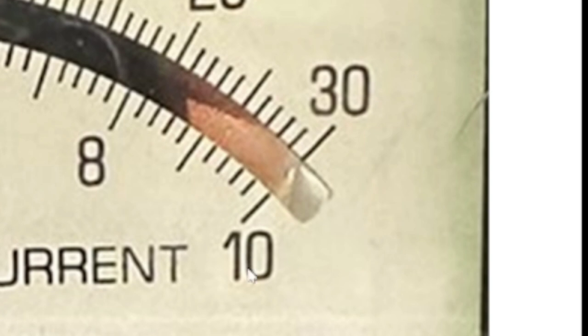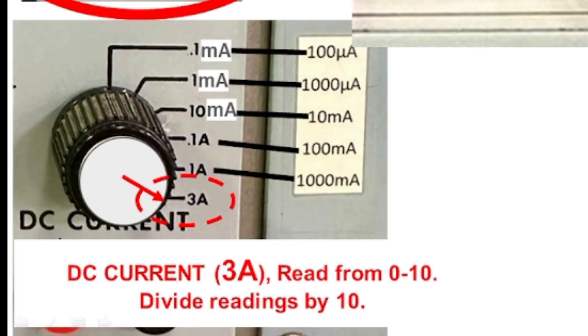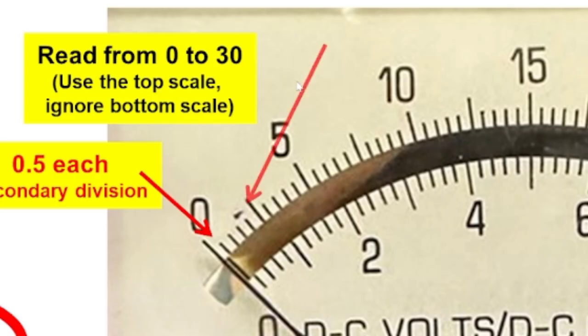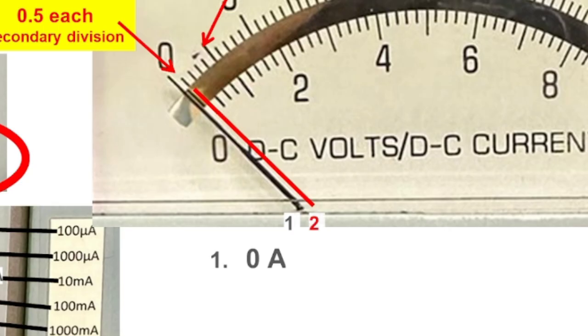We will be using 30, but we have a problem because 30 is not 3. Therefore, we have to divide 30 by 10 to make it 3. So all of the readings at the top scale, as we have done in the previous example, we have to make it 0.5 for the small lines and 2.5 for the big lines, and we will be getting 0.5 divided by 10.